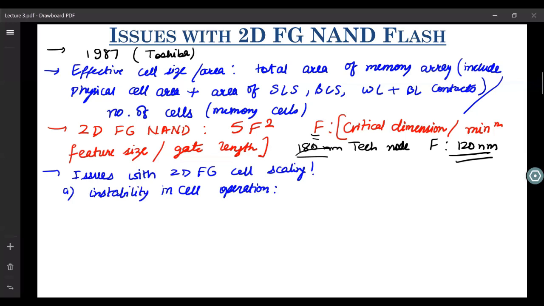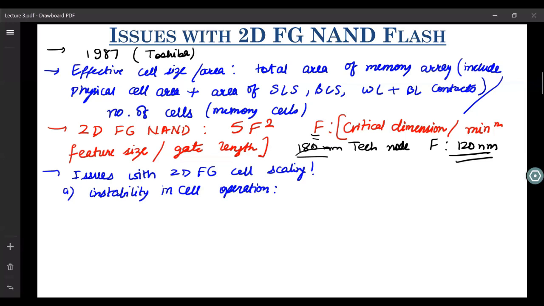If somehow the tail of the programmed threshold voltage distribution merges with the tail of the erased threshold voltage distribution, that leads to instability in the cell operation. So your programmed and erased threshold voltage distributions should be as narrow as possible, and as far away from each other as possible, for stable cell operation.